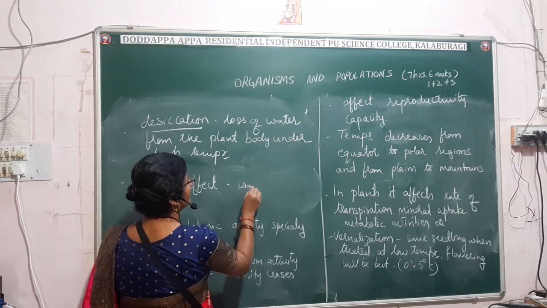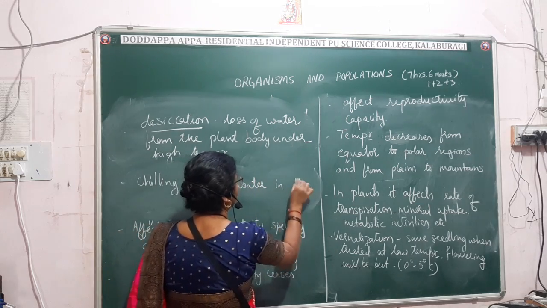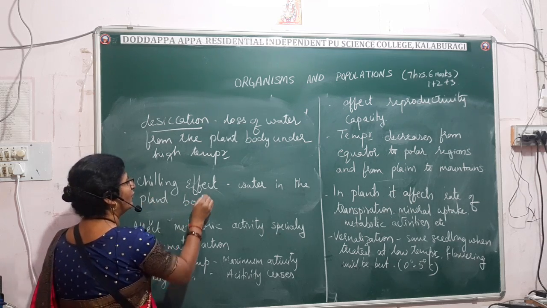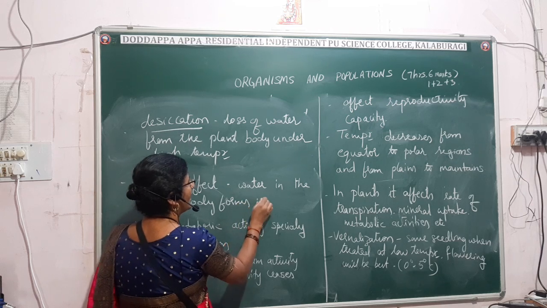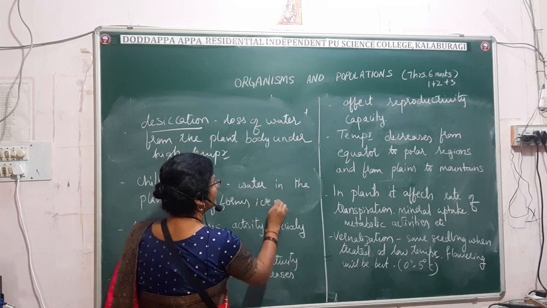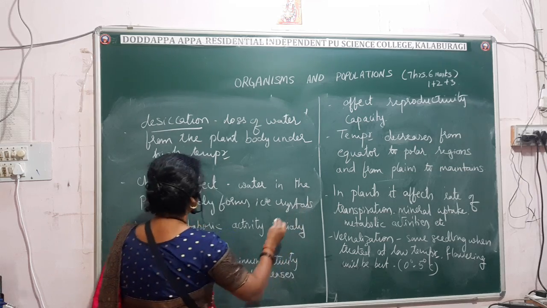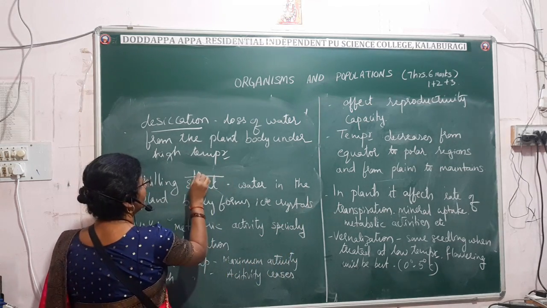So water in the plant body forms ice crystals, and this will harm the plant. It is also called chilling injury.